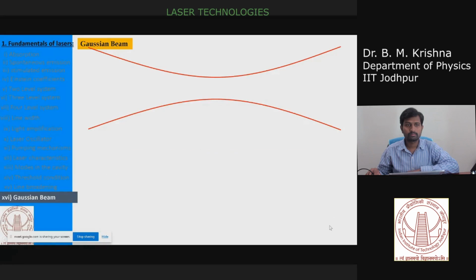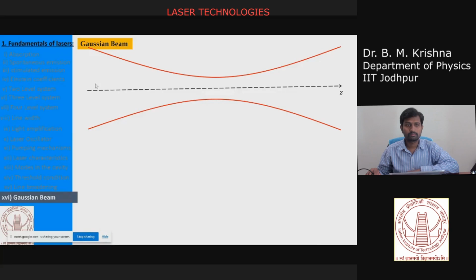Okay, so now if you take a Gaussian beam, you try to focus it. So when you try to focus it, this is the way the Gaussian beam will be focused. For example, this is your Gaussian beam in a cross sectional view I am taking. So you are focusing using a lens. Now the beam focus happens like this.